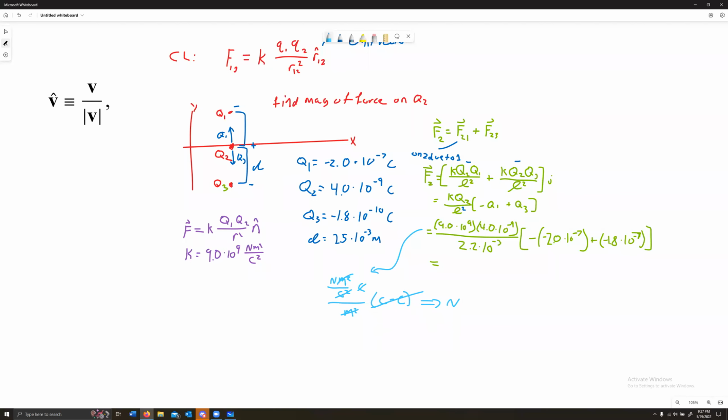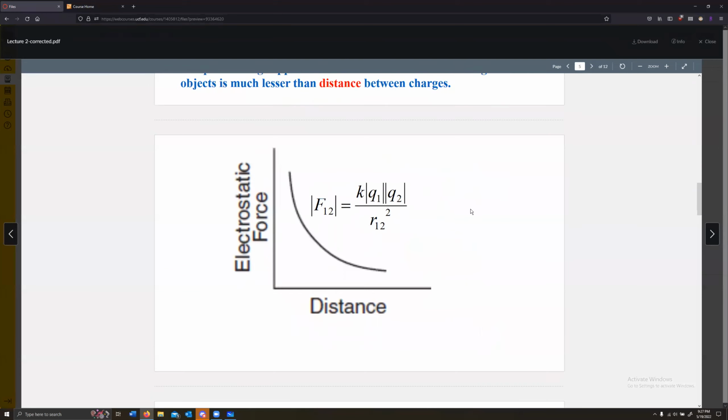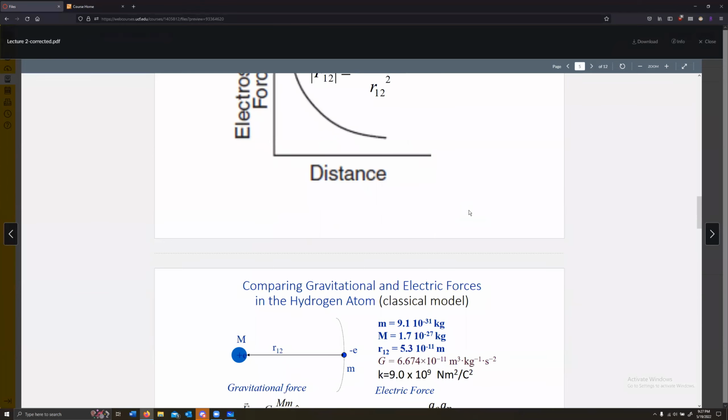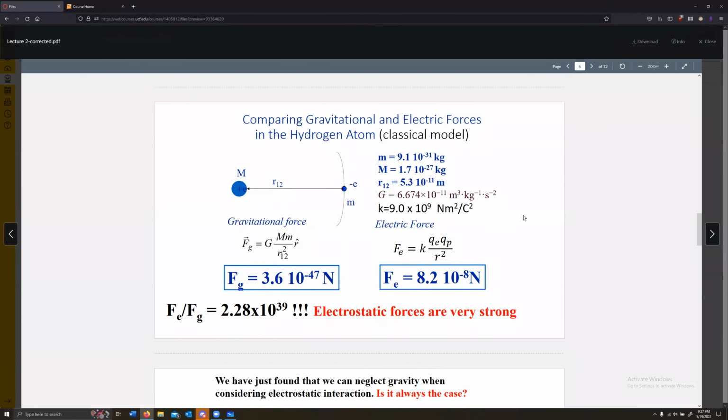All right, let's see. Back to this thing. Electrostatic force, finding this is just the magnitude. Comparing gravitational and electrostatic forces. In this instance, it looks complicated, but all he did was take the net charge of the electron and the net charge of the proton, plug in the distance, and multiply by Coulomb's constant.